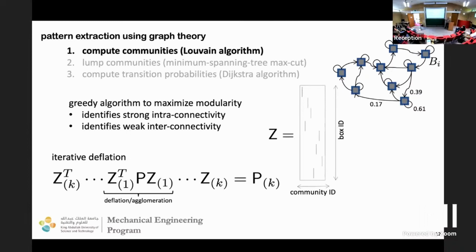For example, if you have Twitter and you see that there's a community that just exchanges among themselves, but doesn't interact a lot with other communities, then you say this one has high modularity. And high modularity basically means it identifies strong intraconnectivity within the community, but very weak interconnectivity to another community. This is the graph definition of coherence.